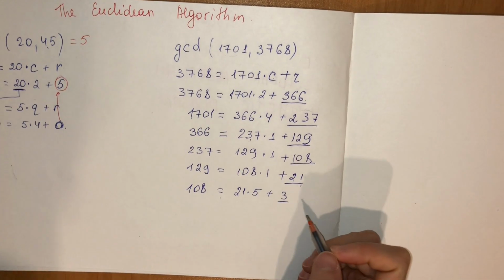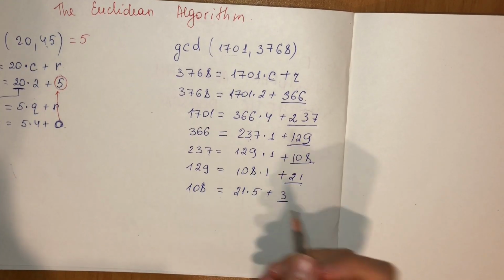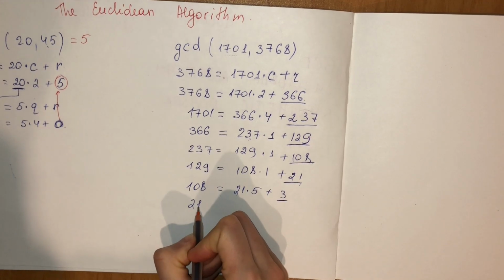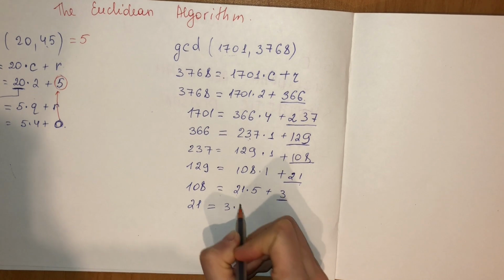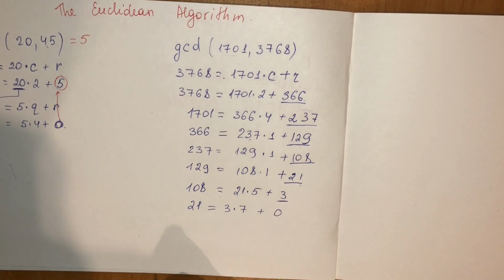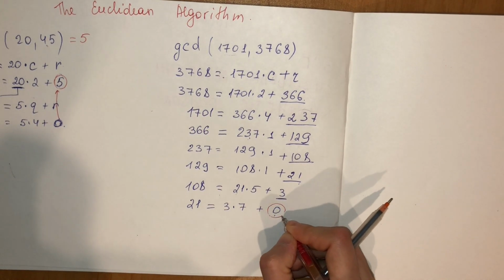So the remainder is 3, and I guess this is our final step. 21 is equal to 3 times 7 plus 0.